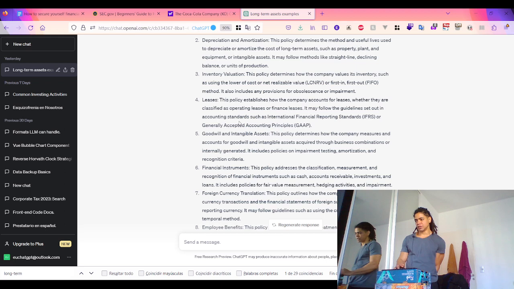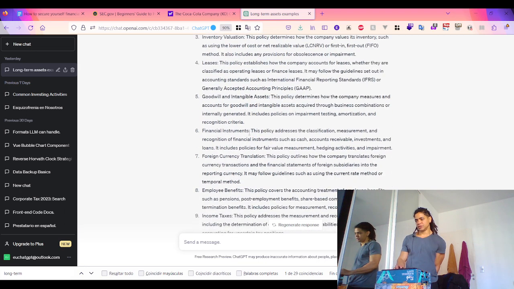Goodwill and intangible assets: this policy determines how the company measures and accounts for goodwill and intangible assets acquired through business combinations or internally generated. It includes policies on impairment testing, amortization, and recognition criteria.